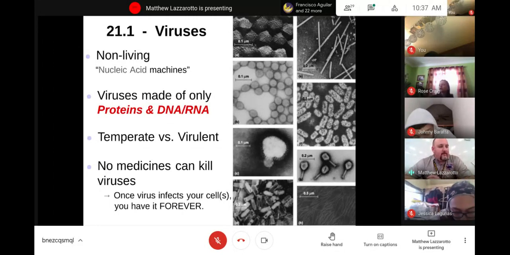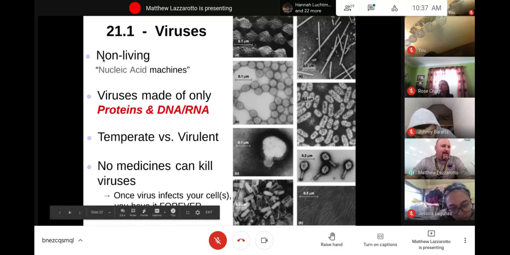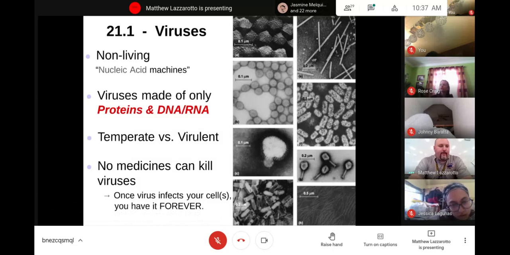Your immune system acts as a library to remember each infection by its surface.